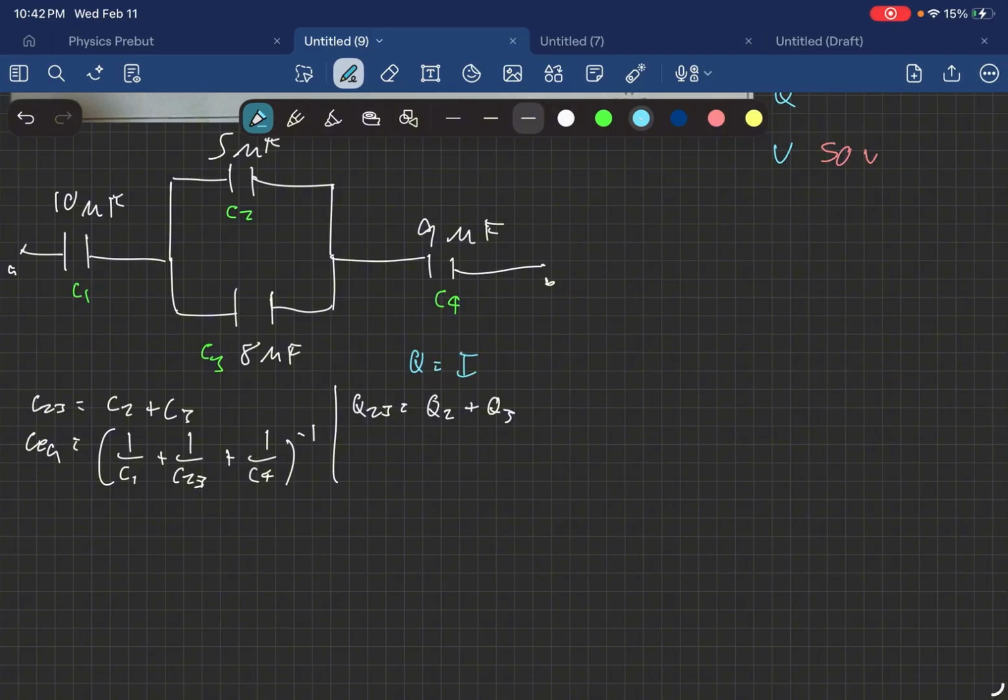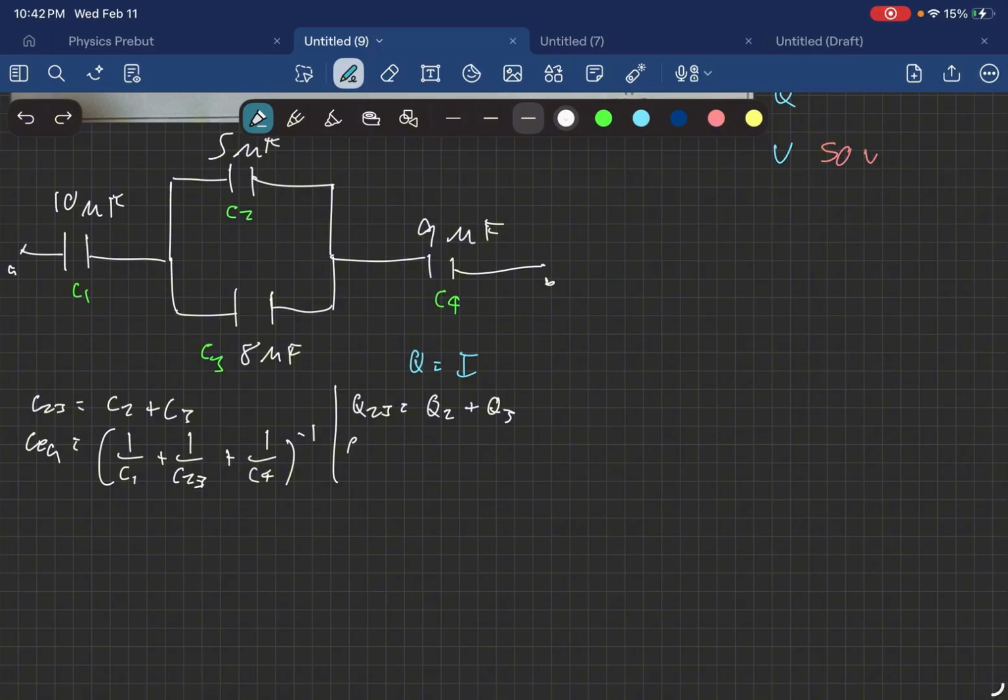Q is I. They work the same way. So remember that this here is in parallel, so since it's in parallel, current, or charge in this case, is added.